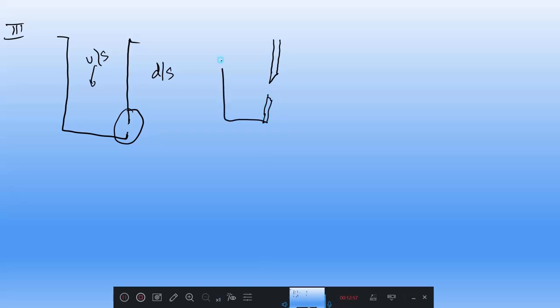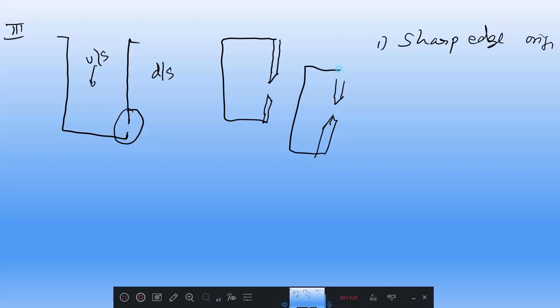Now see, this is the tank and the upstream edge is very sharp. Then the first classification is the sharp edge orifice. Not only this one, you may have it like this also, and see, this is also a tank and this is the opening. Like that you can have a sharp edge orifice. The second one is the bell mounted orifice.